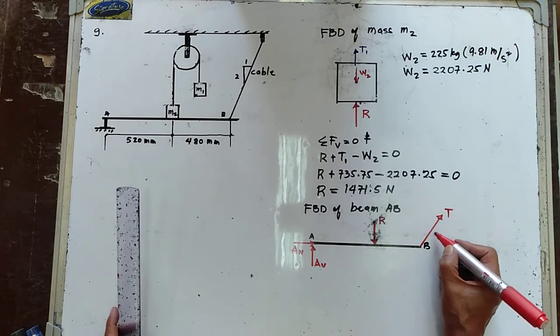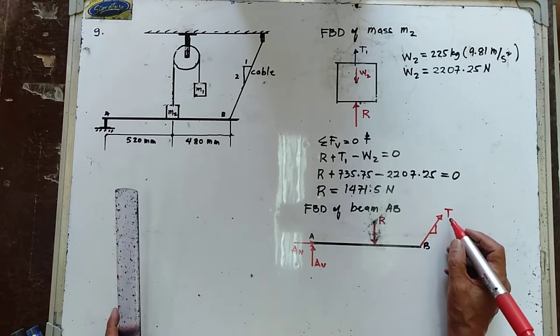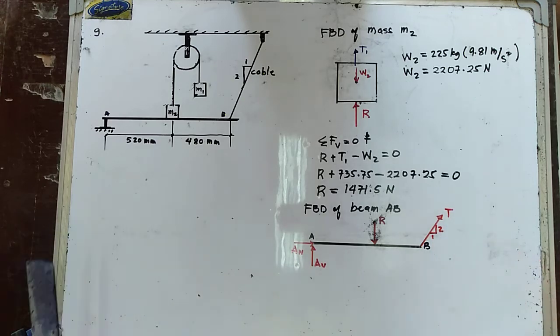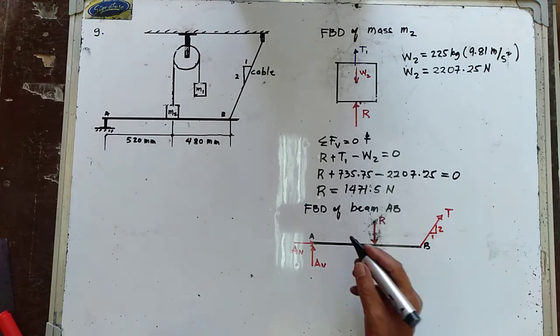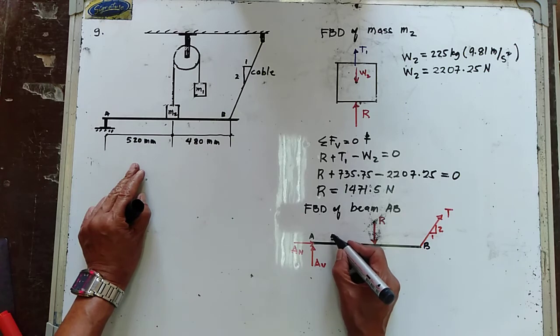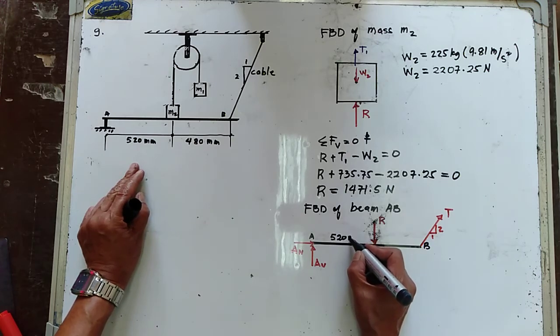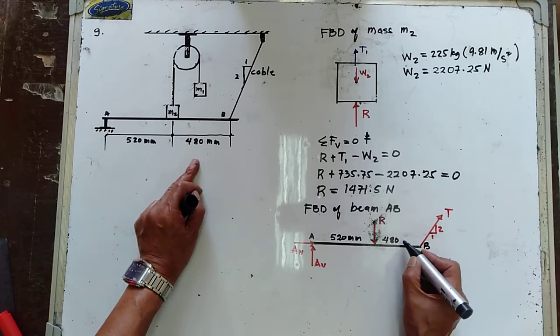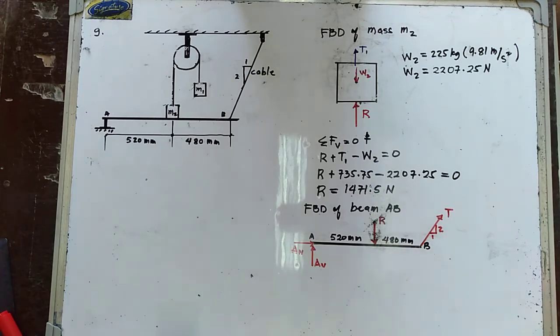So let's try to consider that one as T, such that the slope of the cable is 1 horizontal to 2 vertical. Now, this is equal to 520 millimeter, and this is 480 millimeter.